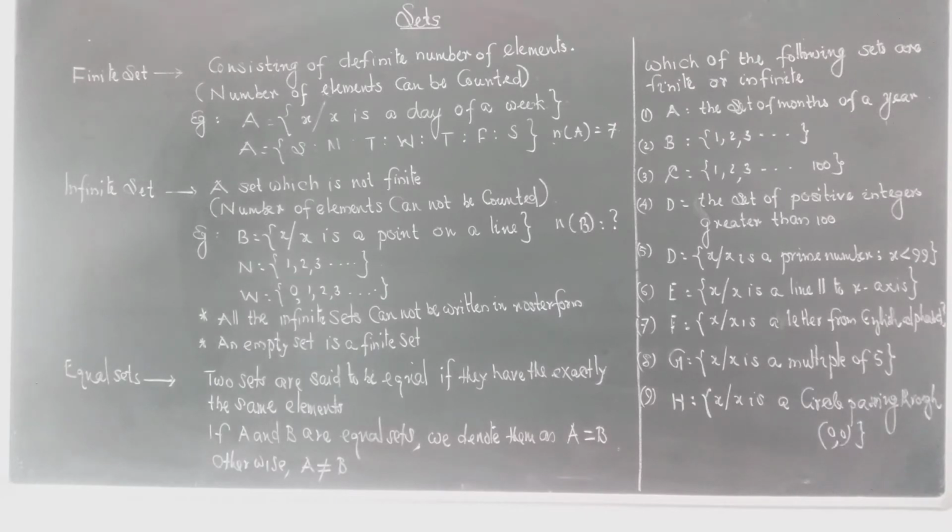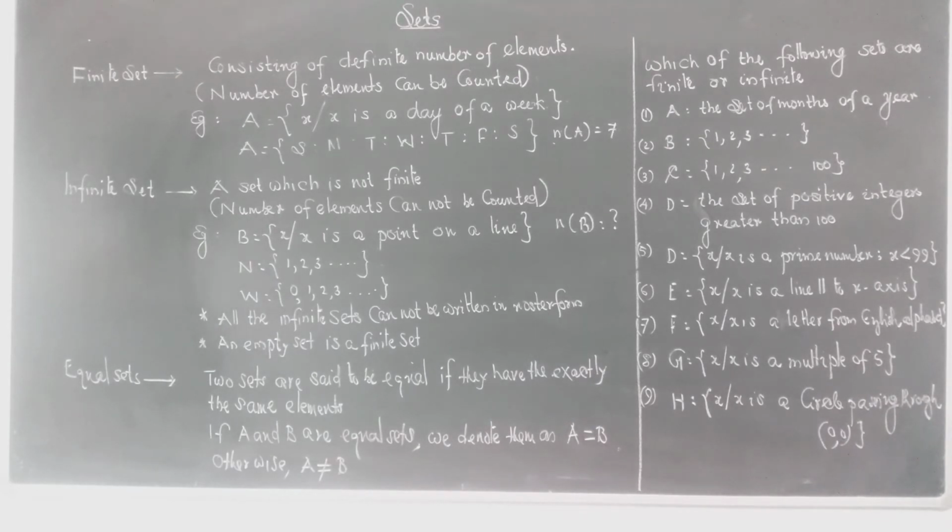Like this, you can create a set, then check whether you can count the number of elements in the set. Definitely, you can count. So that's it. Again, another example of finite set. Like this, so many sets we can find, but only one condition: the number of elements can be counted. We can count it correctly and say how many elements are inside.